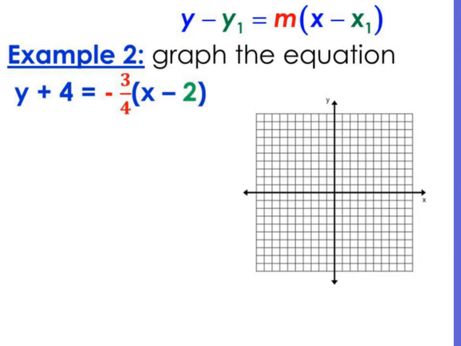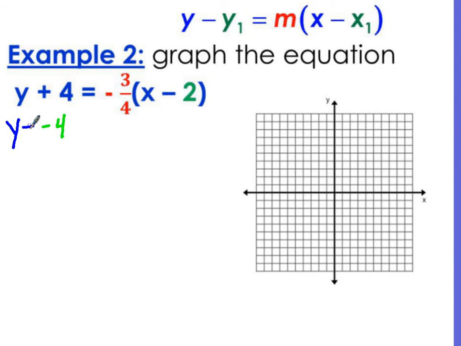Alright, so example 2. I need to figure out what my starting point is, my x1, y1. But I want you to notice that instead of being y minus y1, this is y plus 4. Well, another way to write plus 4 would be minus negative 4.